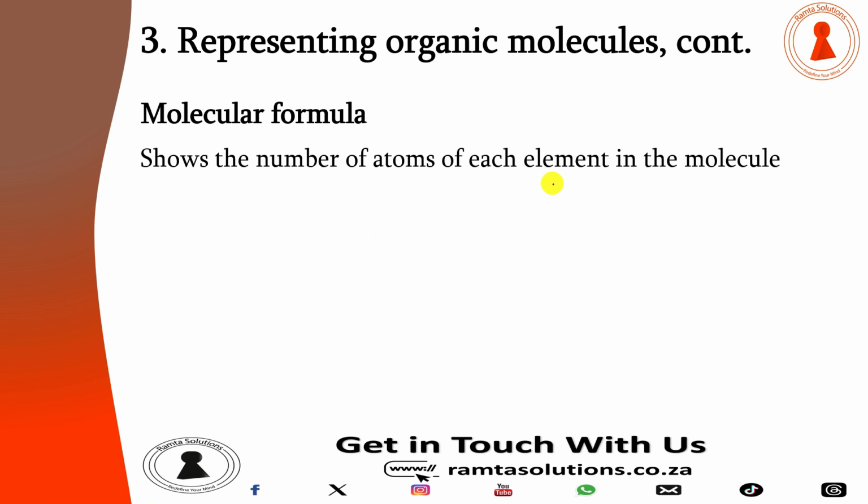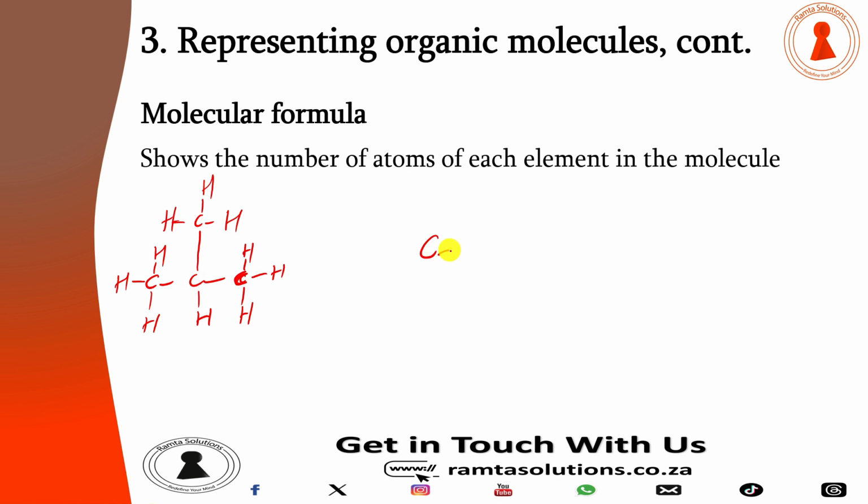Okay, perfect. Now, the molecular formula only shows the number of atoms of each element that makes up the molecule. Again, let me draw the structural formula of our molecule. Remember, I said it is 2-methyl propane, right? Guys, I know it's tiring to be writing these H's. So let's ask ourselves, how many carbons do we have here?